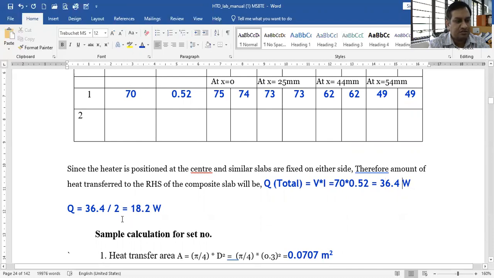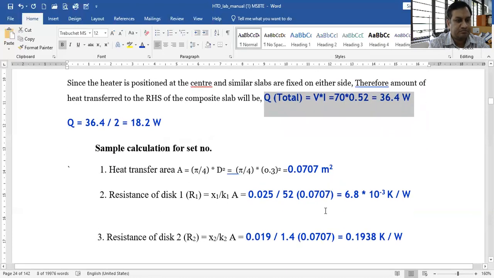In this apparatus, the heater is at the center and on both sides the composite wall is there. So you can also calculate the one side composite wall heat supplied, that is 36.4 divided by 2, 18.2 watt, right? But for the total system, we have to consider this Q, that is 36.4 watt.